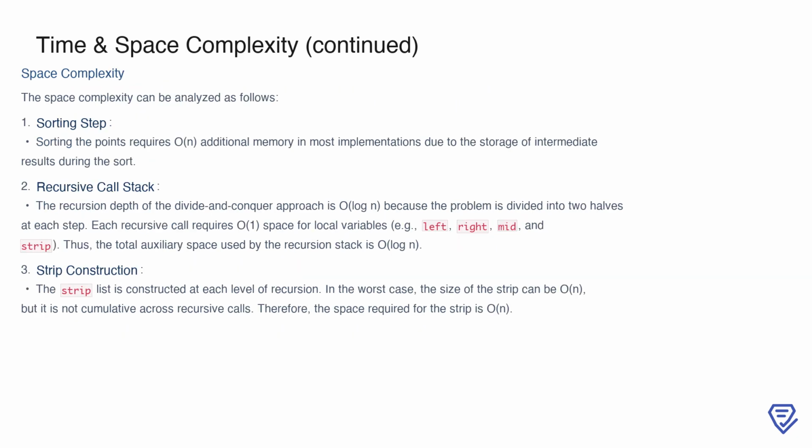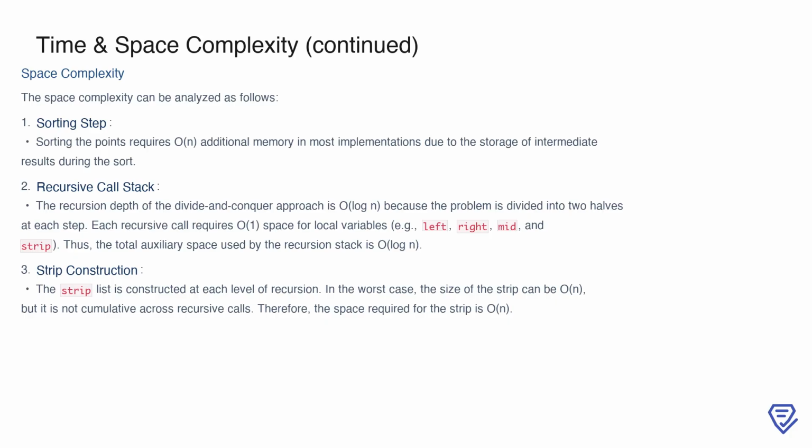Turning to space complexity, let's consider the different components. First, the sorting step requires n additional memory to store intermediate results during the sorting process. Next, the recursion stack for the divide and conquer approach has a depth of log n, as the problem is split into two halves at each level. Each recursive call requires 1 space for local variables, so the total space used by the recursion stack is log n.